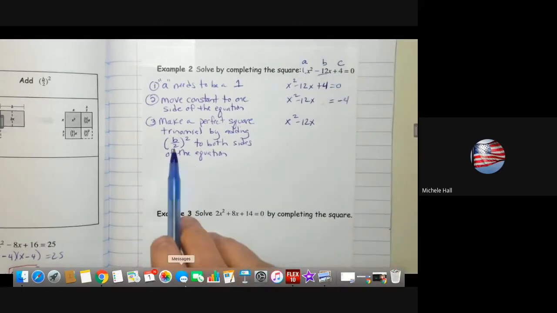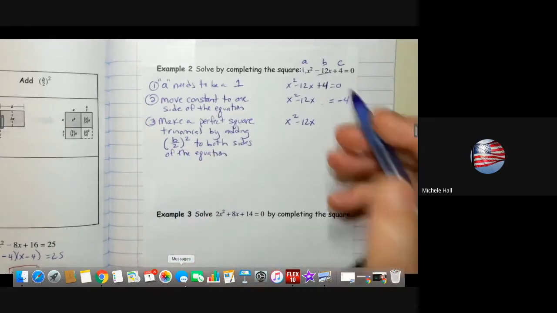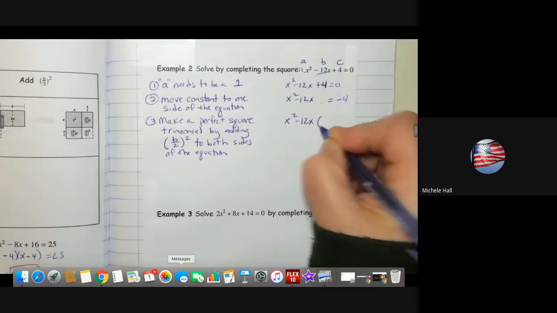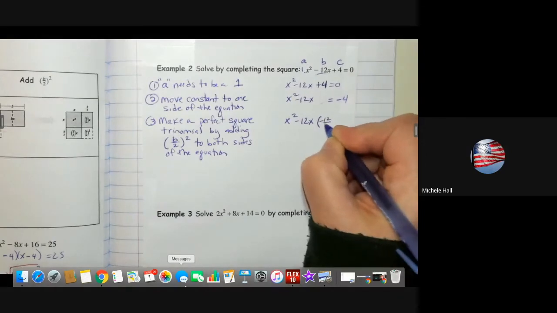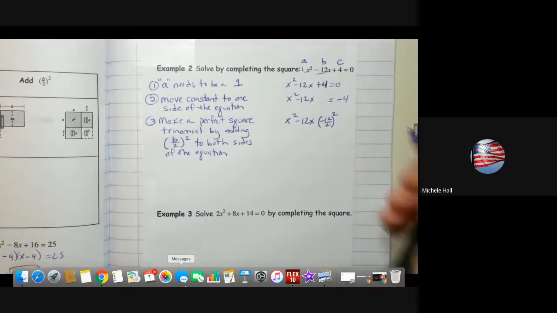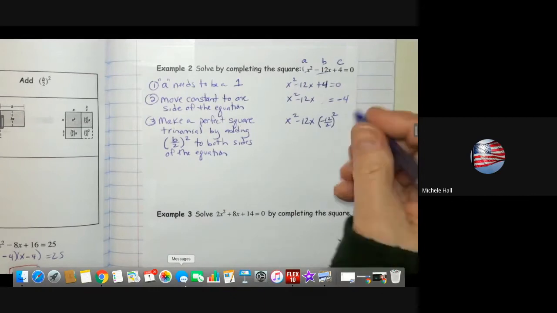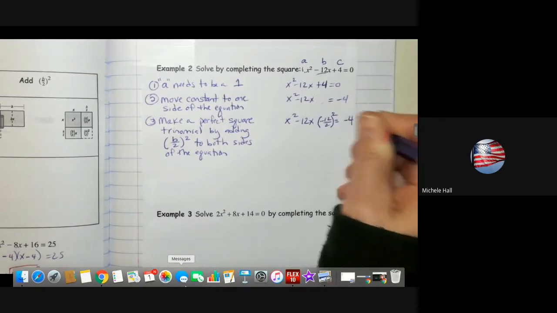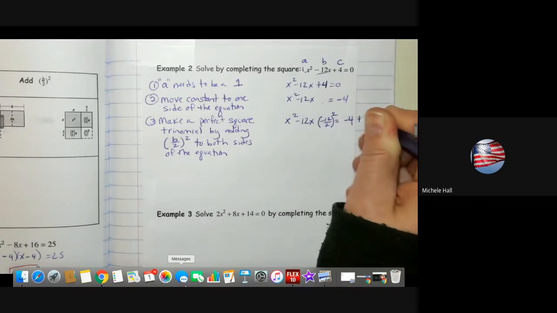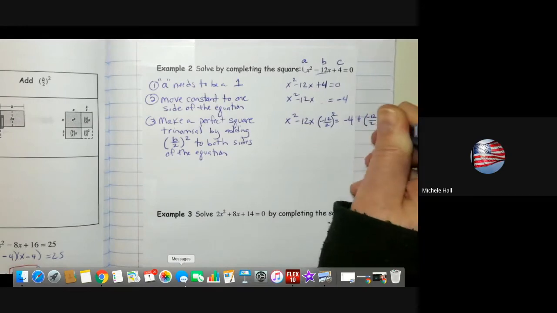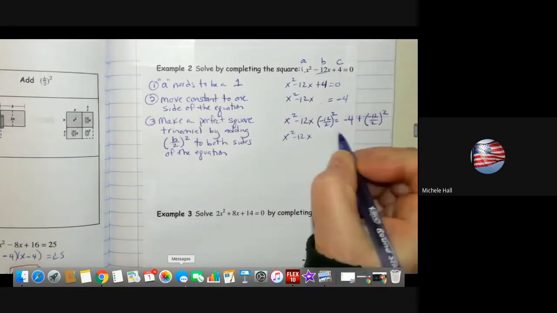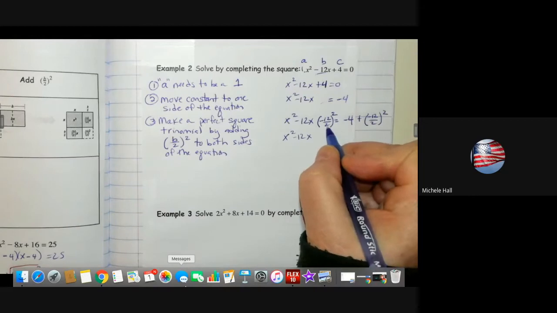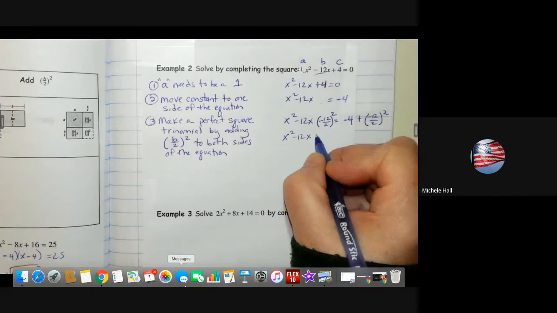So we need to half the b term and then square it, and add that to both sides of the equation. So negative 12 divided by 2 is negative 6, and negative 6 squared is positive 36.